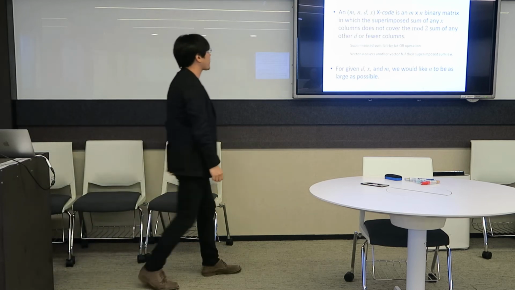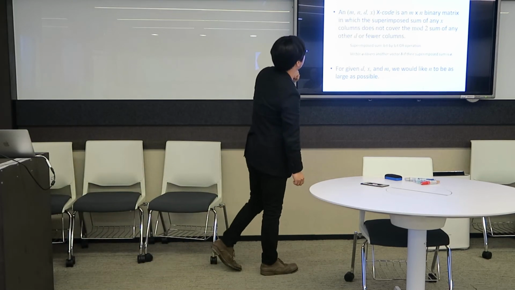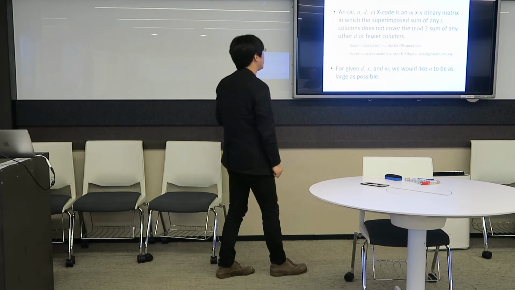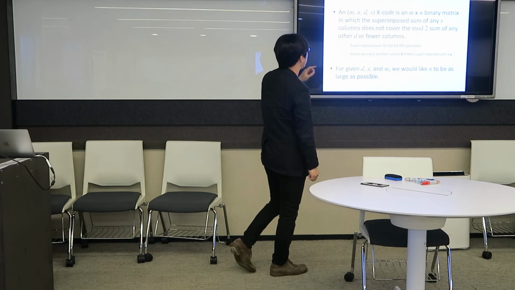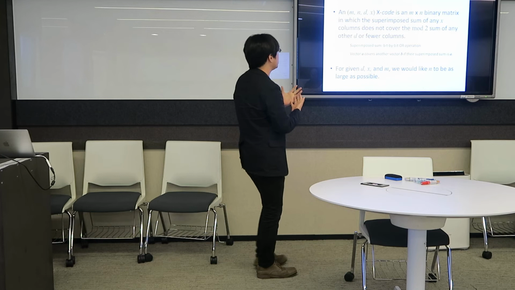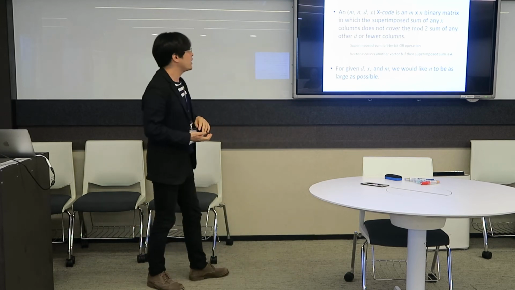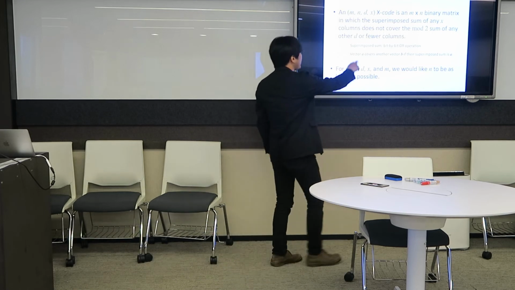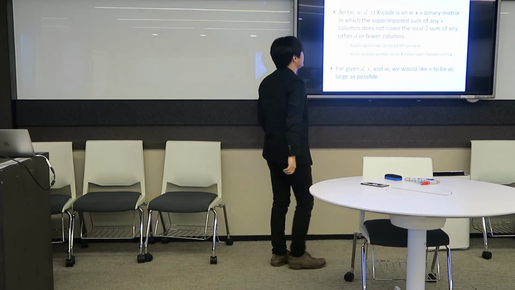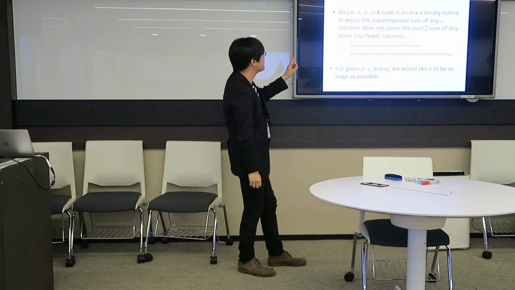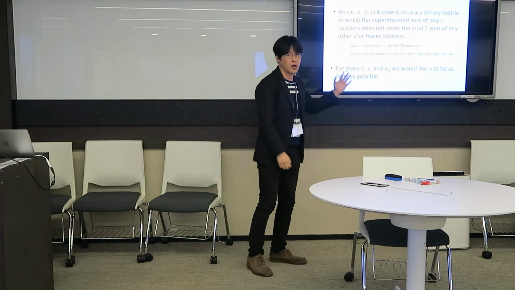This is the answer, and the matrix M should be an X-code, which is defined like this. The X-code, which can be used when there are some X's, is an m by n binary matrix in which the superimposed sum of any X columns does not correspond to the sum of any other D or fewer columns.